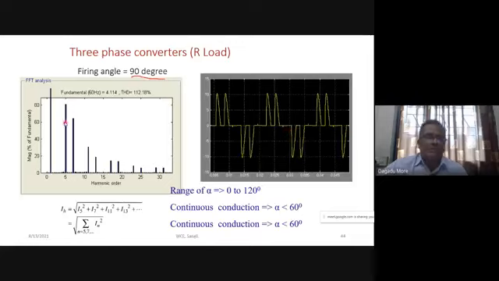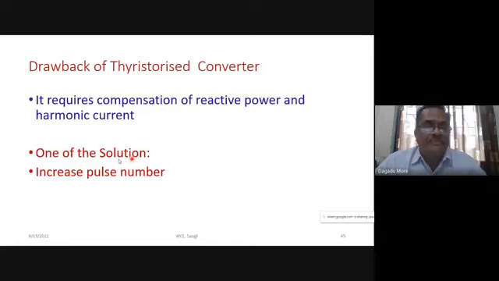The harmonic spectrum remains the same, but now THD will be greater than 112%. So THD is high. For alpha less than 60 degrees we have continuous conduction, and for discontinuous conduction, alpha should be greater than 60 degrees, 60 to 120.